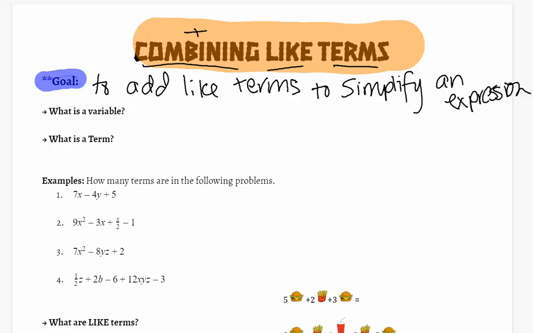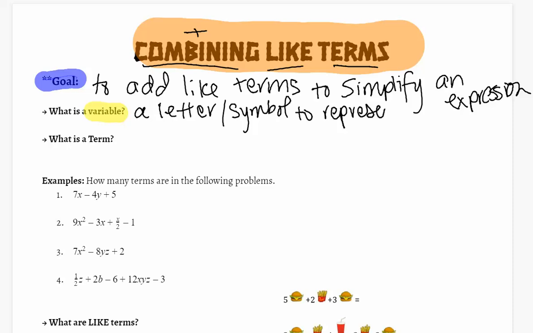So last time we talked about what it means to be a variable. Remember, a variable is just a letter or symbol to represent an unknown number. So let's write that again. A letter or symbol to represent an unknown number.